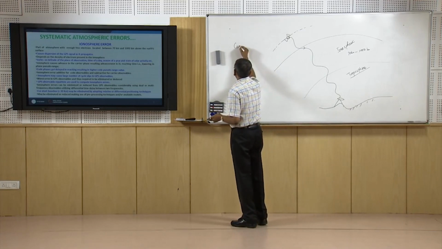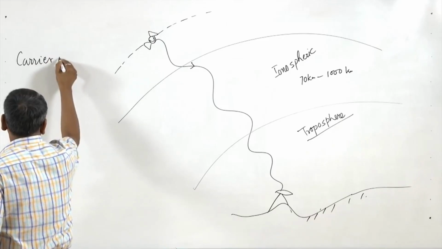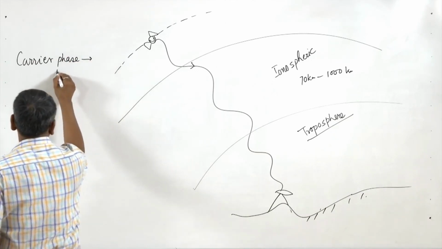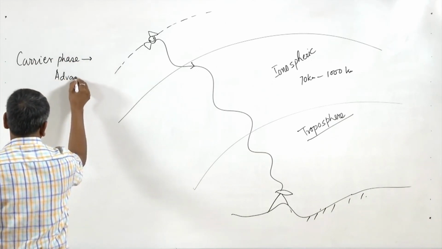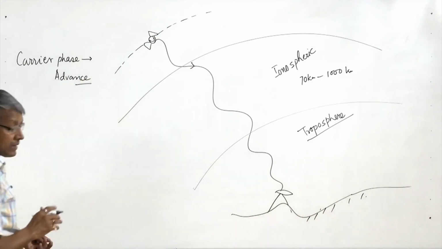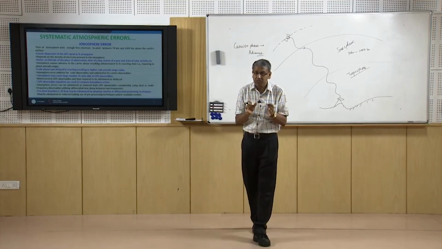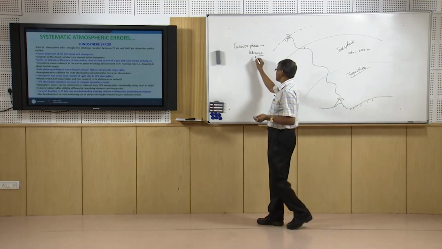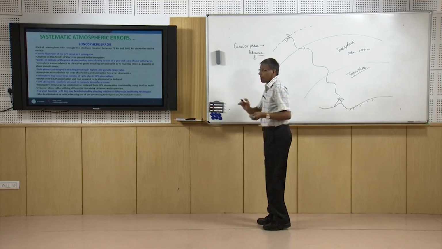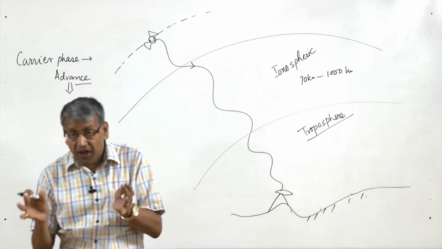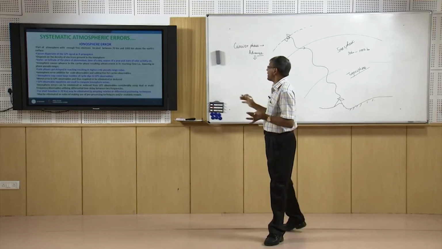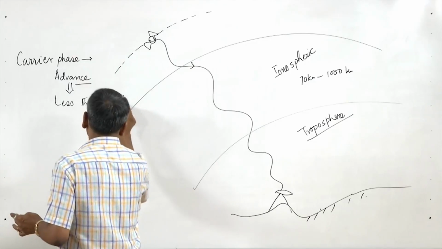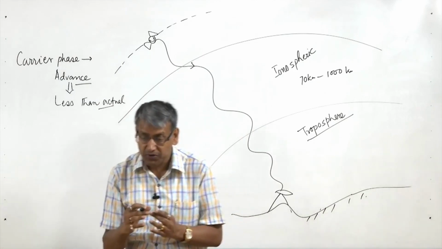Due to the dispersion phenomenon, the velocity of the carrier phase gets increased, so the carrier phase range measurement will be less than actual, because increased velocity means the time of transmission will be less.